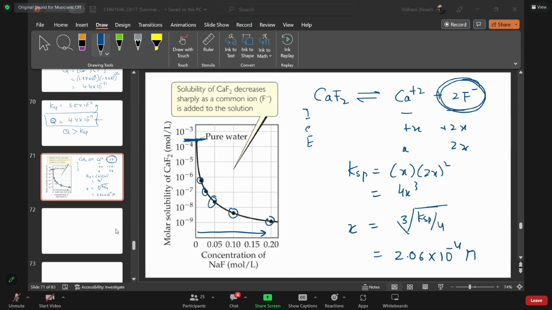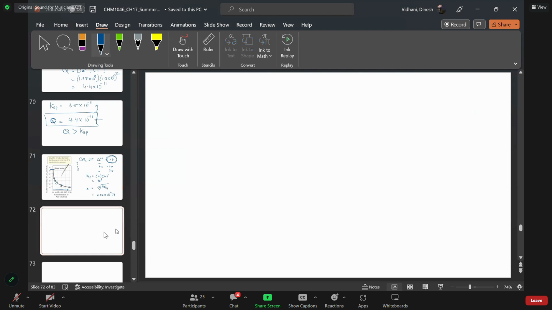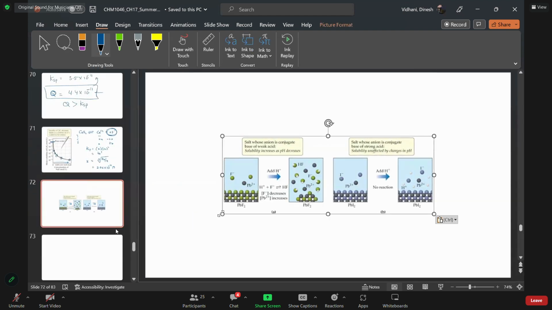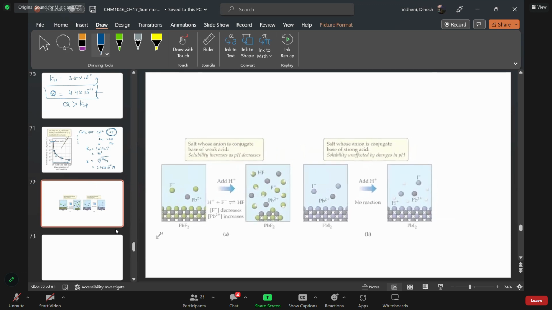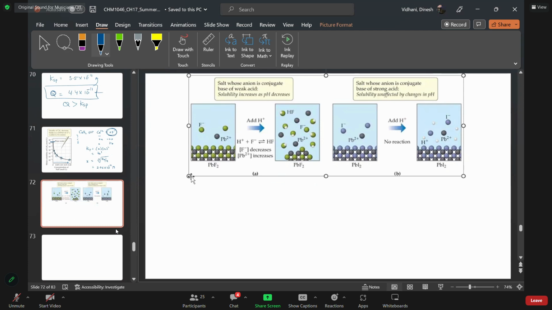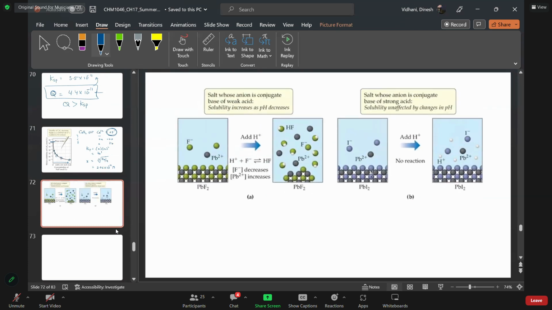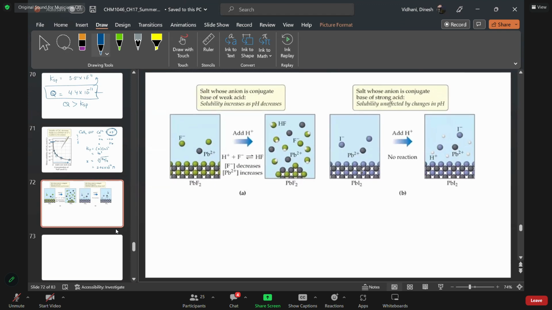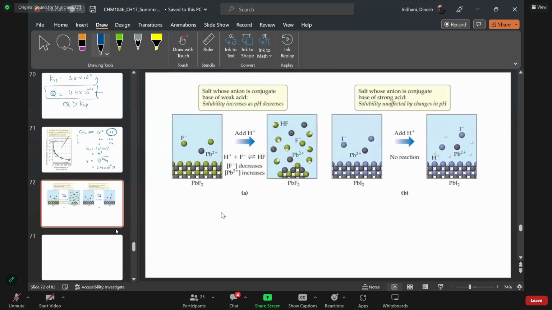So this would be the last example in the sense of concept. This is taken directly from your book. Now, we have two cases over here. One where we have lead fluoride, and the second where we have lead iodide.